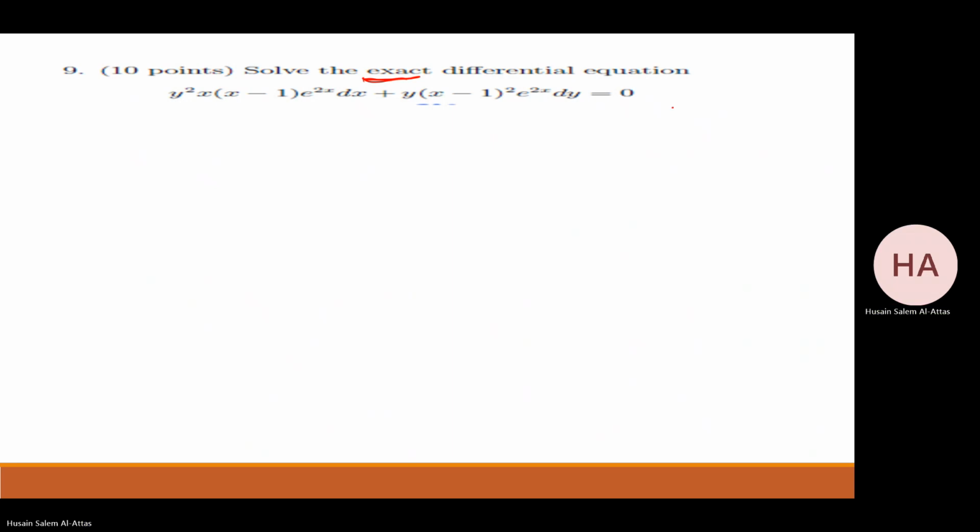So this will be my m, and this will be my n.